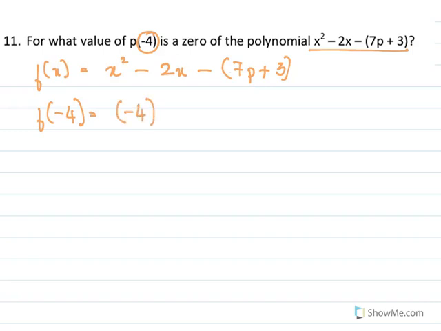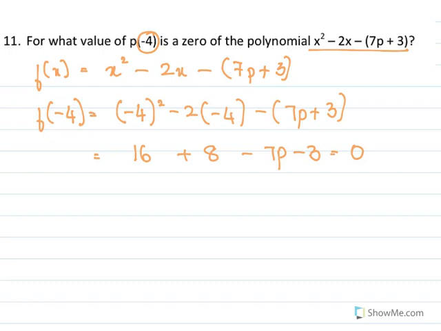So minus 4 square, minus 2 into minus 4, minus 7p plus 3. This is 16 plus 8 minus 7p minus 3 equals 0. Here we get 21 minus 7p equal to 0, 21 equal to 7p, p equal to 21 by 7, p equal to 3.